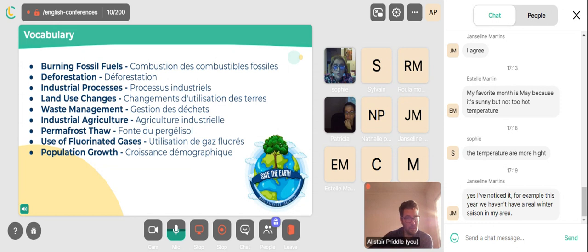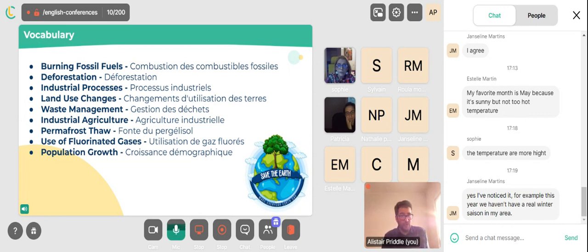Okay, so we've got another comment there. Yes, I've noticed it. For example, this year we haven't had a real winter season in my area. Yeah, it's strange. Sometimes the winters now can be more mild, less cold. It is strange. Okay, well, let me read through that vocabulary list again.